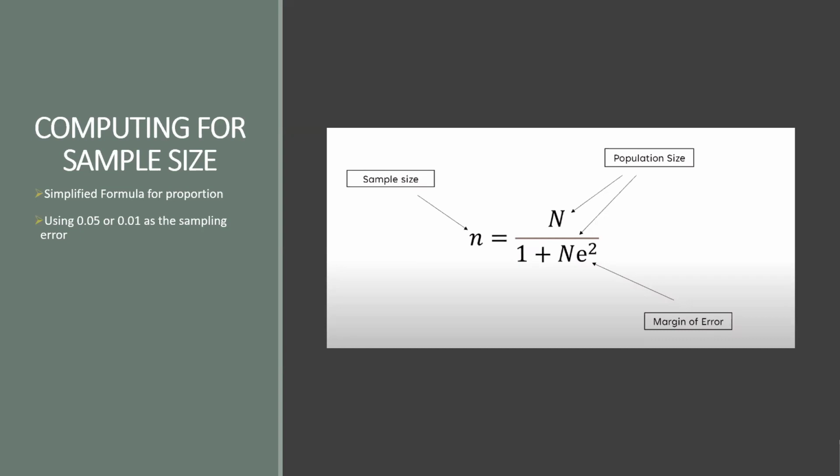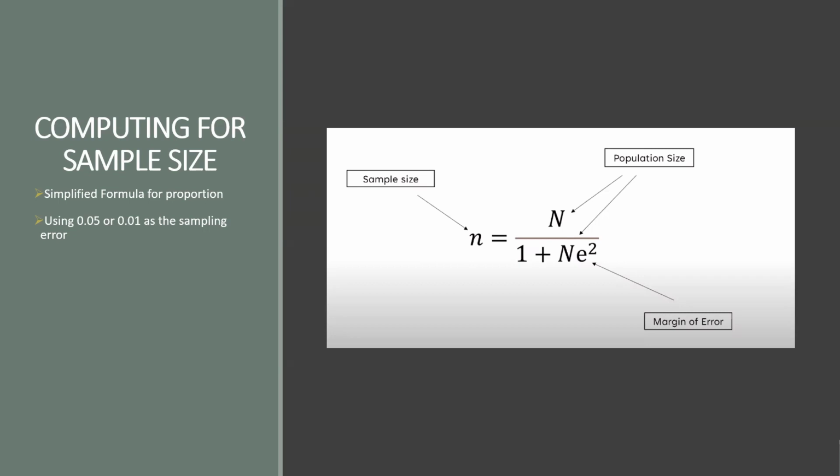How would we identify which margin of error we should utilize for our study? It would depend on the researchers themselves. If you would want a larger margin of error for your study, the most commonly utilized is a 5% margin of error. But if you would want more accurate results, meaning you are only giving a small margin of error for your study, then you could utilize a 1% margin of error.